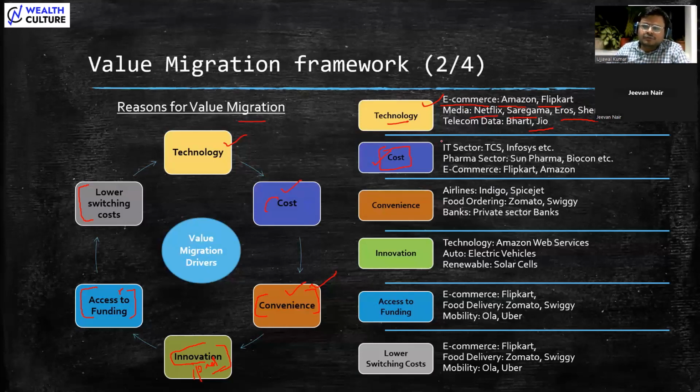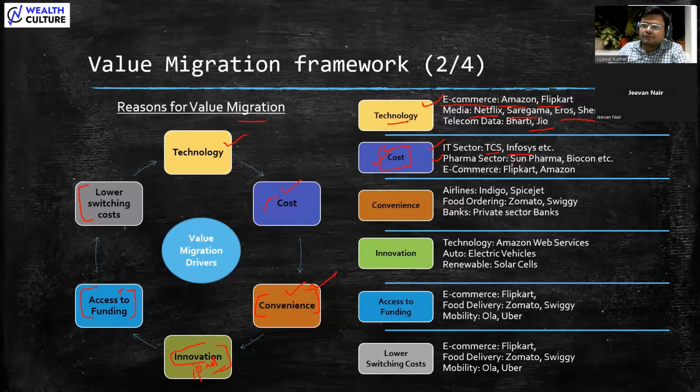From cost point of view, I think two sectors which have already created a lot of wealth, IT and pharma, right? So this you can say is international value migration. Value is migrating out of countries like US and now coming to India. Not now, but I mean, IT sector has seen value migration for more than 25, 30 years now. TCS and Infosys have been beneficiaries of this trend.